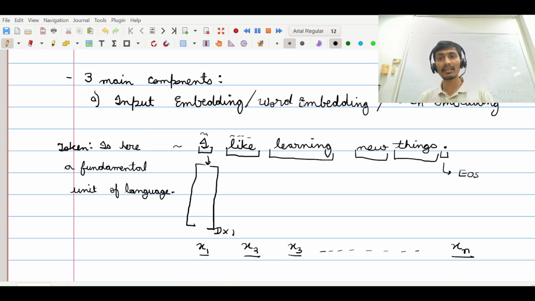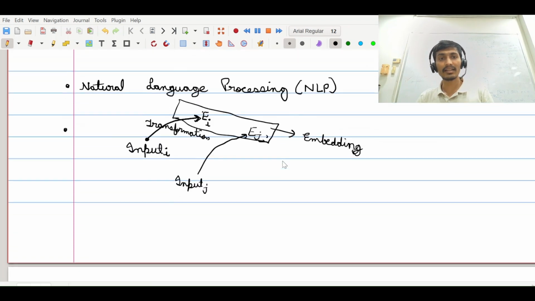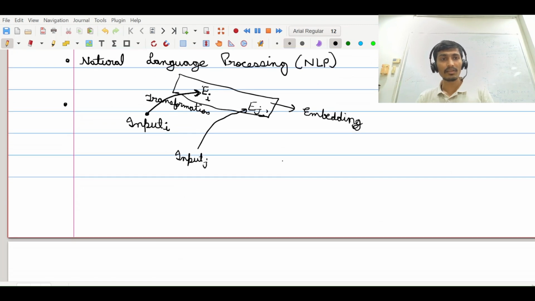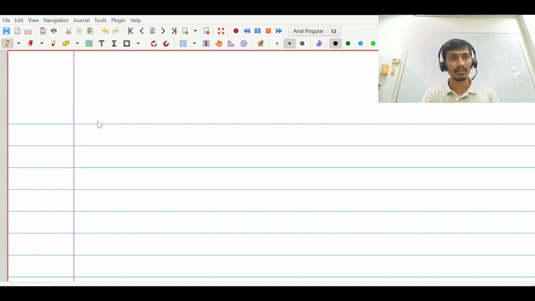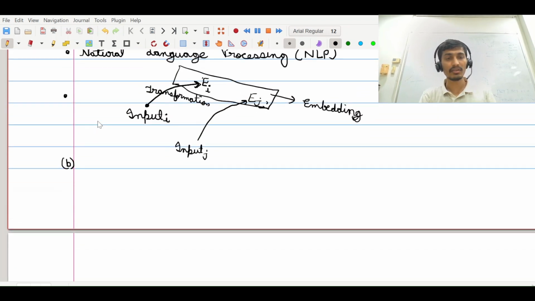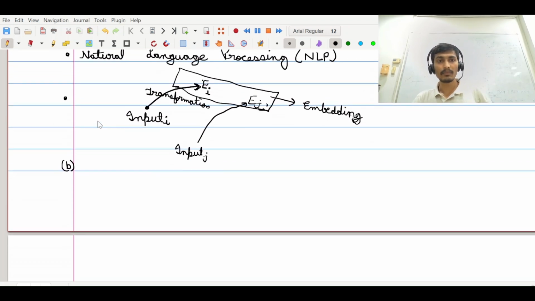The second main component of the transformer architecture is, let's add a new page here. We have added a new page. So the second main component of the transformer architecture is positional encoding.